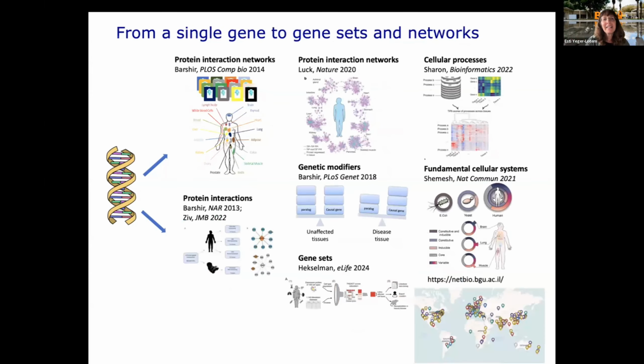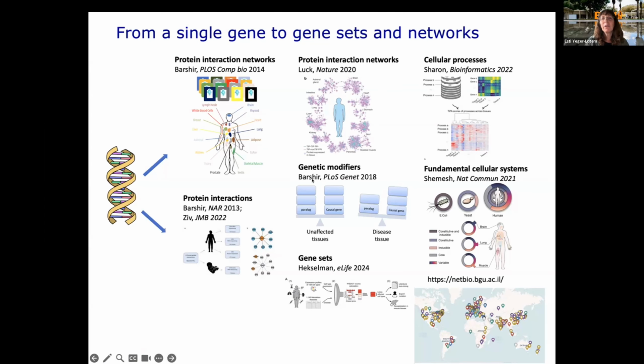With this understanding that this phenomenon is not due to the expression of single genes, but is more like a network phenomenon, we developed throughout the years all kinds of tools and views in order to understand this. We've been working with protein interaction networks, defining what we mean by tissue-specific networks.